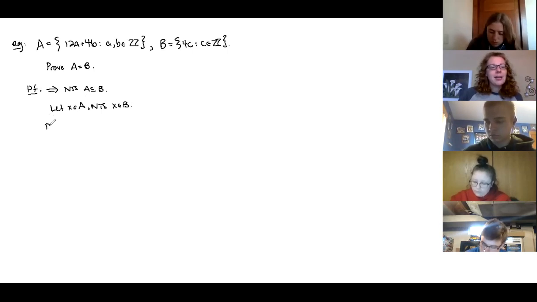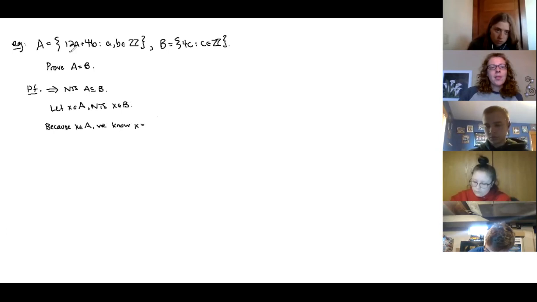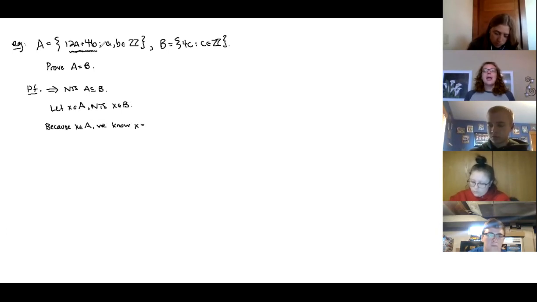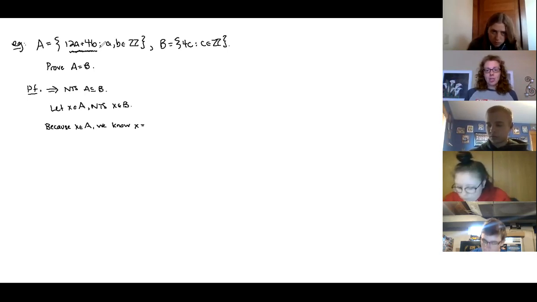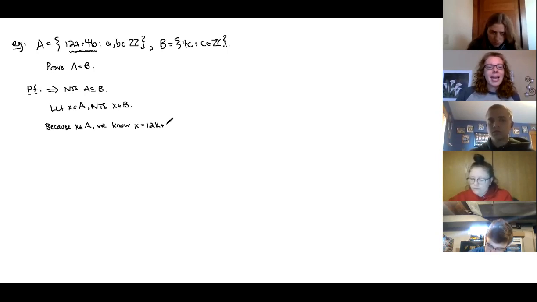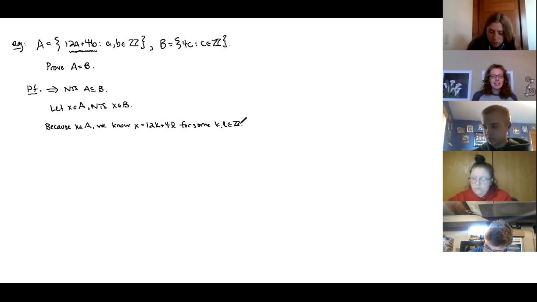Because x lives in A, we know that x looks like the way that elements in A look like. So here's my defining characteristic. Elements in A look like 12 times an integer plus 4 times another integer. So x looks like 12k plus 4l for some k and l living in the integers.